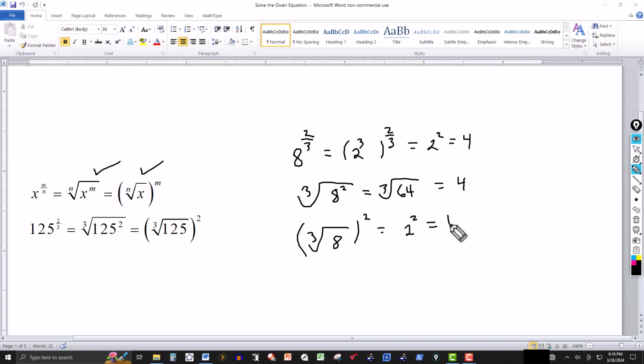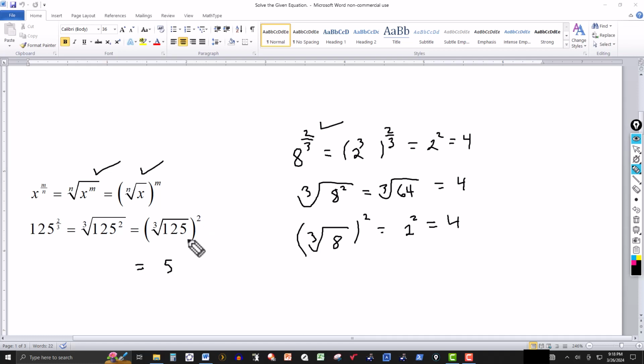is equal to 4. Now, when you have a large value for the base, such as 125 taken to the 2/3 power, again we can do it this way. We can take the square of 125 and then take the cube root. But notice, it's easier if you take the cube root of 125, because the cube root of 125 is 5.